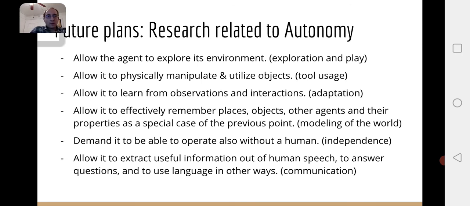Clearly, a core of autonomy is the ability to also operate without a human, meaning a form of independence. If there's no human present, the system still needs to be able to fulfill its mission and learn, or at least try its best to achieve it, even in cases where its knowledge is insufficient to get the task done right away. So it has to seek out more information and knowledge, and it has to be able to do so even without a human.